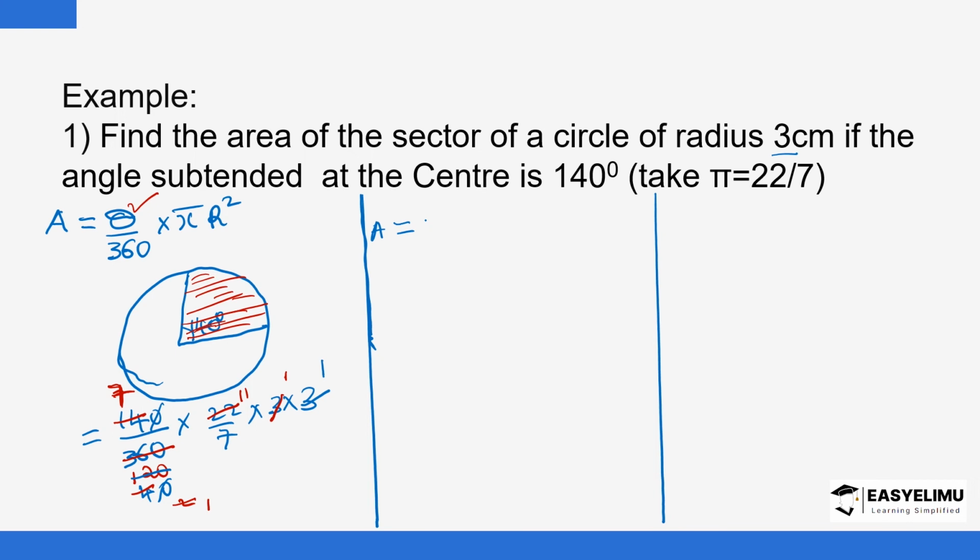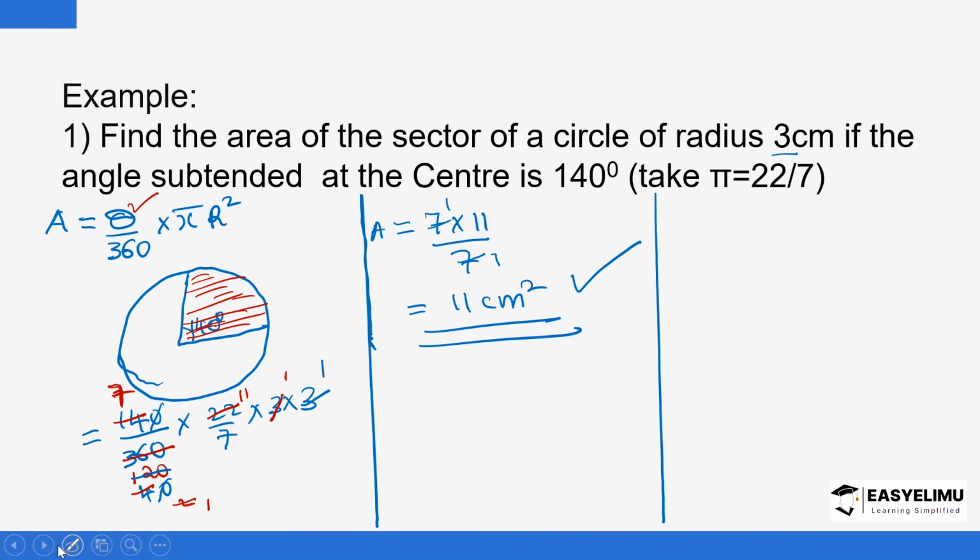So my area is going to be 7 times 11, and then you divide by 7. So still this 7 goes here 1, 7 goes there 1. So the area is 11 square centimeters. Remember, area is measured in square units. So that is basically how you go about it. It's very simple. It's not really hard.